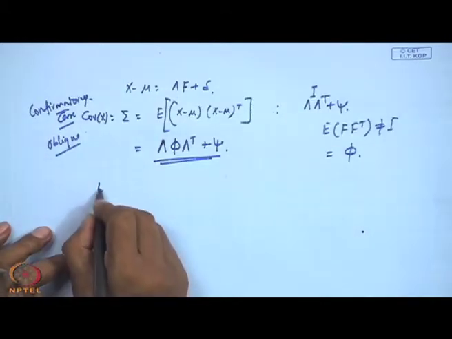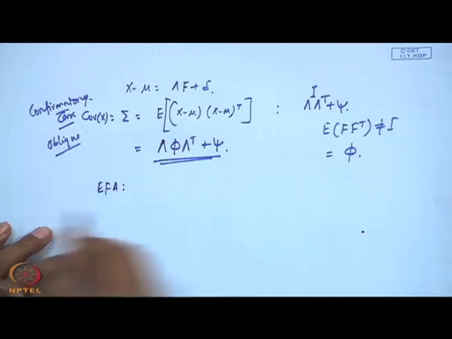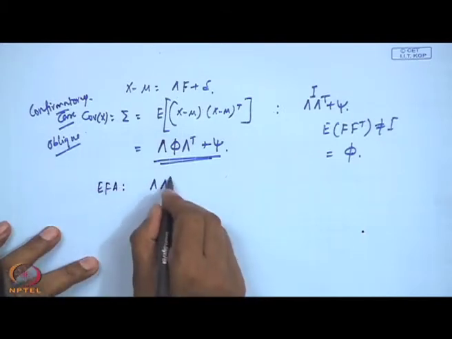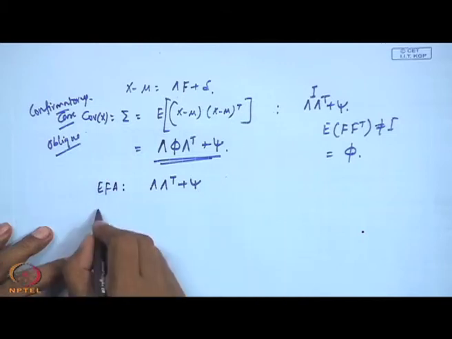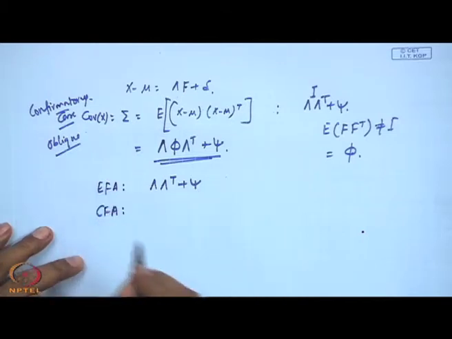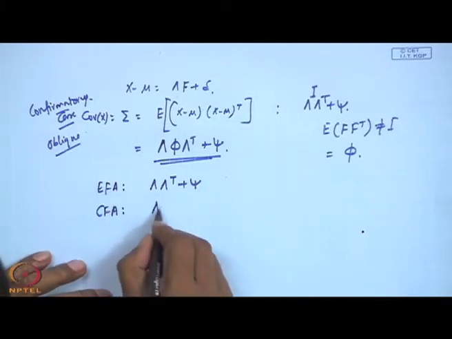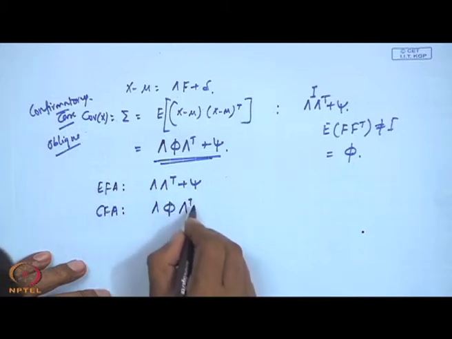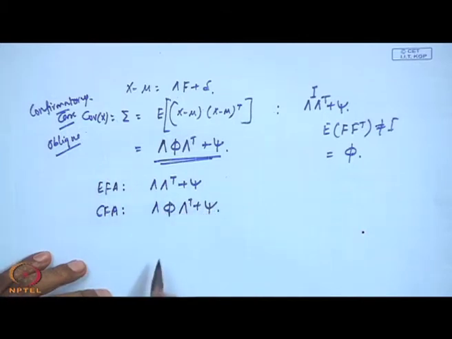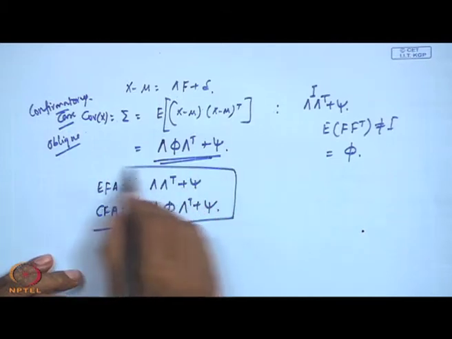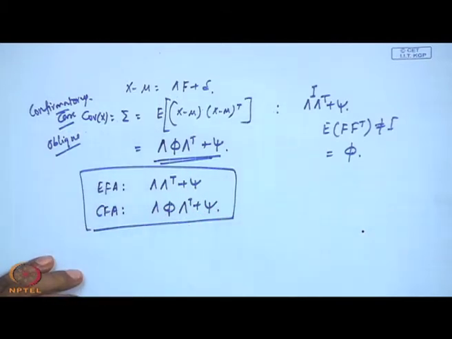If I go for orthogonal exploratory factor analysis, then it is lambda lambda transpose plus psi, and for confirmatory factor analysis, where we are talking about oblique, it is lambda phi lambda transpose plus psi. Phi is the correlation matrix for the factors.